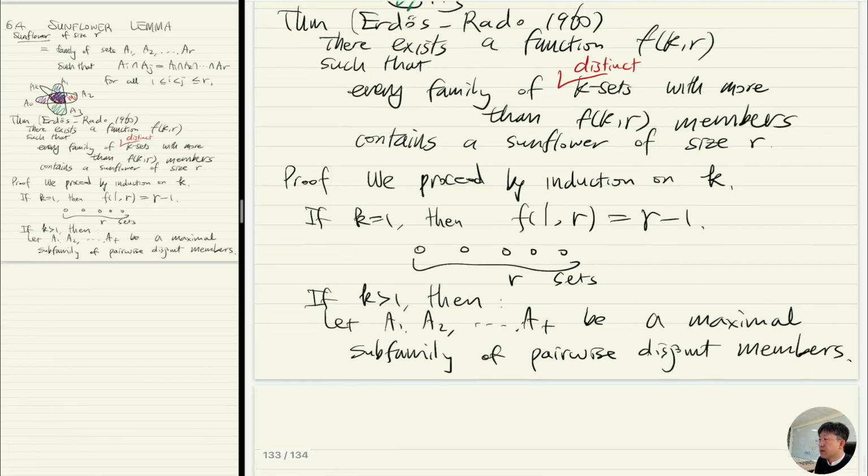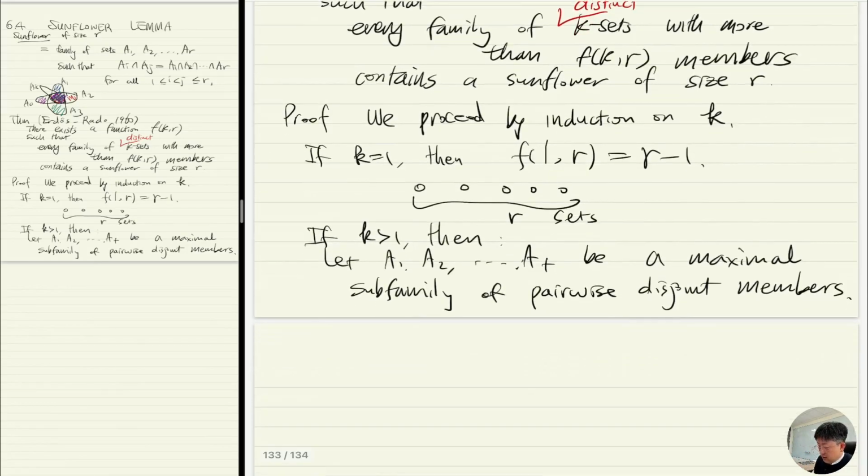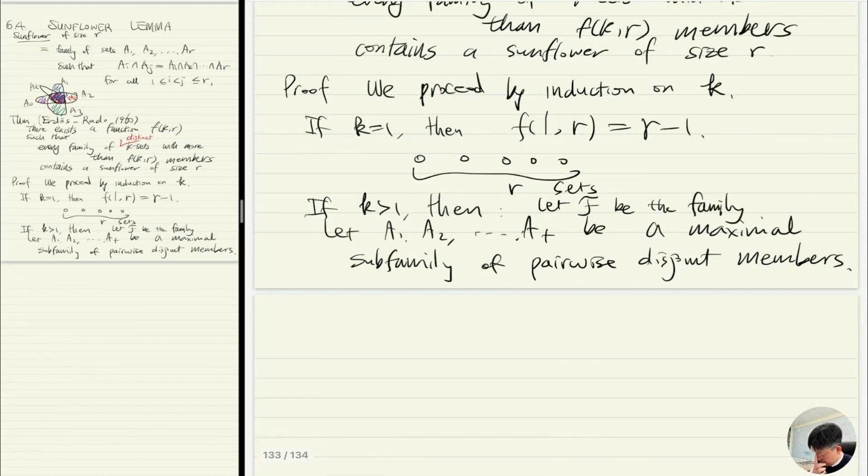Maybe it's better to have a name. So let F be the family. Now A1, A2, ..., At, these sets are pairwise disjoint.